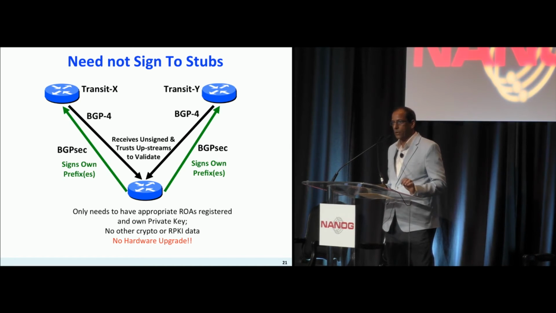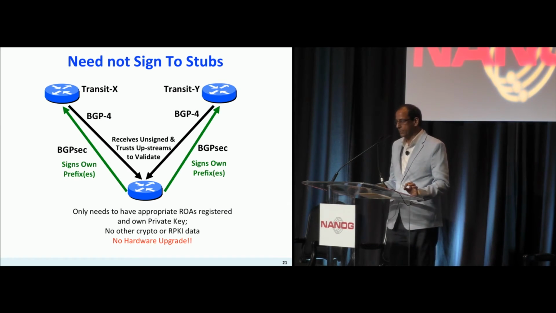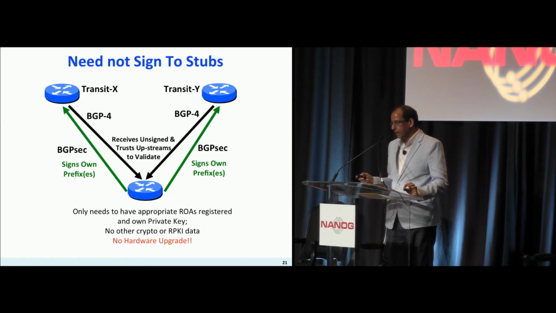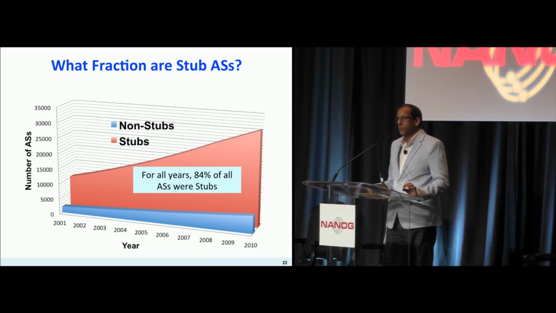It can do a simple software upgrade to sign its own prefixes to send to the transit. 84% of ASs in the internet are stubs and 16% are non-stubs. So that's a very large percentage for which simplex BGPsec can be used and the cost of upgrade can be substantially kept down. Only the non-stubs need to worry about the full BGPsec implementation.